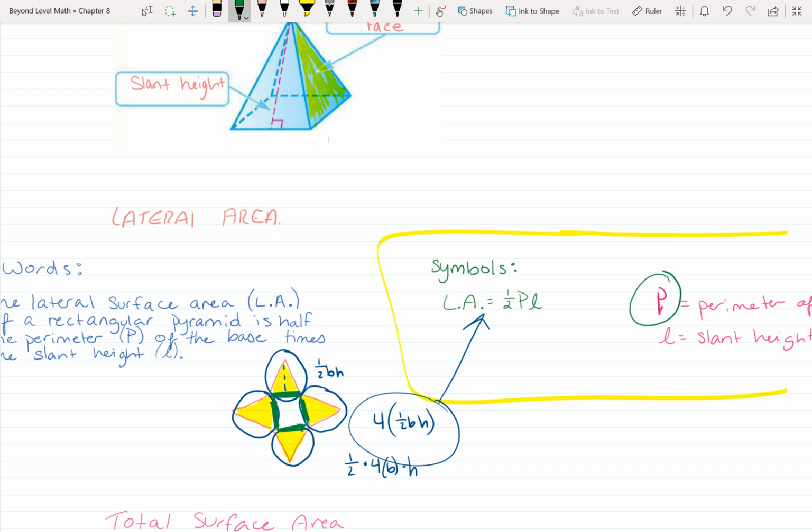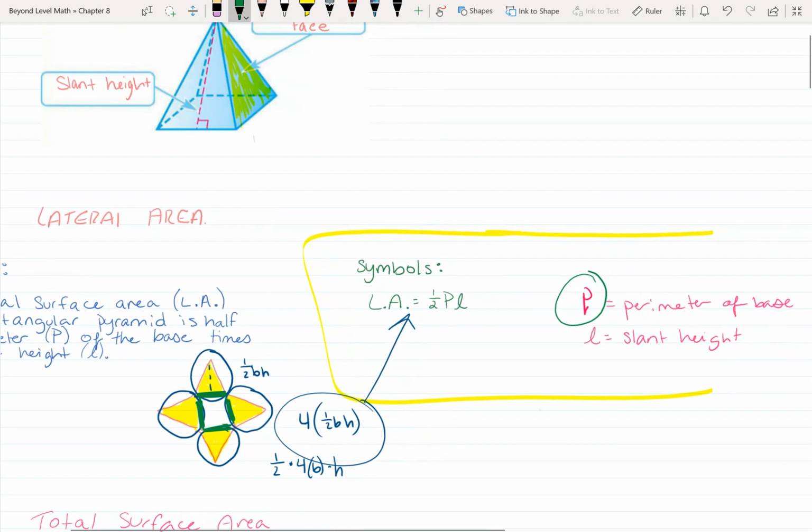So instead of doing 1/2 times base times height times 4, we're going to use the formula 1/2 times the perimeter of the base times the slant height. It cuts down a little bit on our formula. So the perimeter of the base would be, if the base here were 2 inches, well, the perimeter of the entire figure would be 2 plus 2 plus 2 plus 2, right?